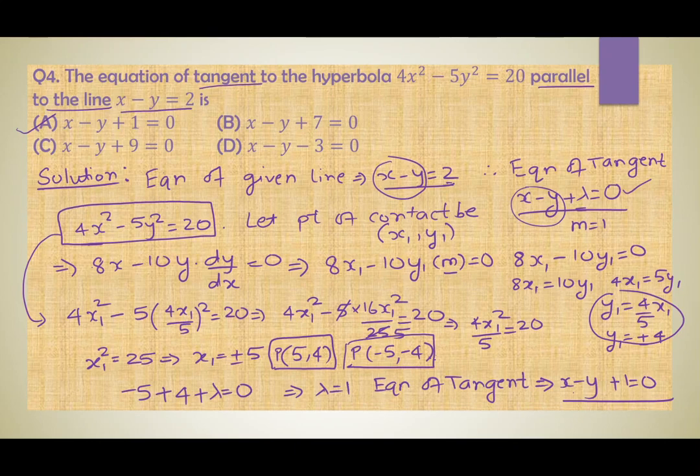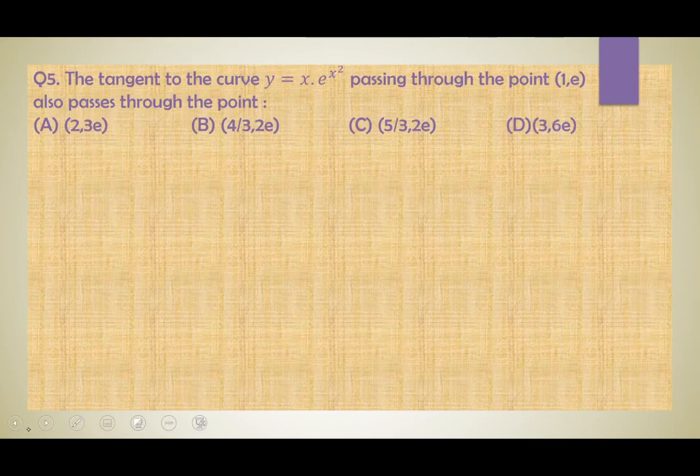Now, let's proceed to the last question in today's lecture. Again, a question that appeared in the 2019 JEE examination. The tangent to the curve y equal to x into e to the power x square, passing through the point 1 comma e, also passes through the point.